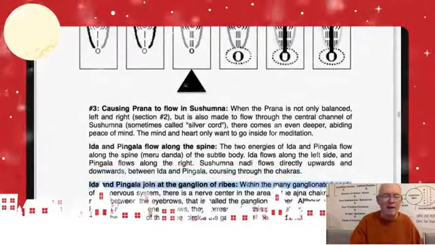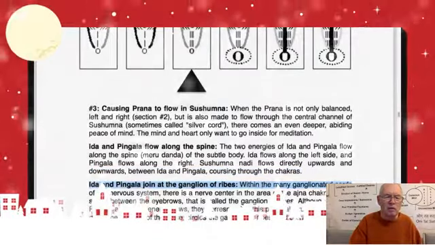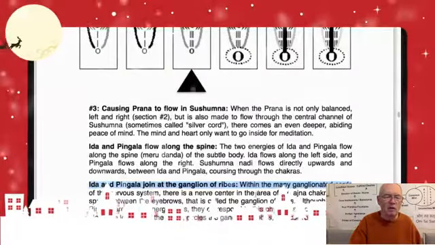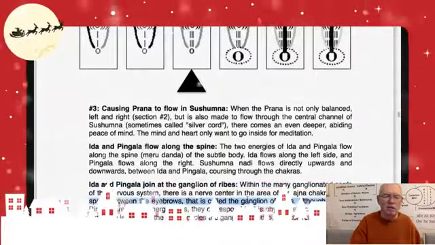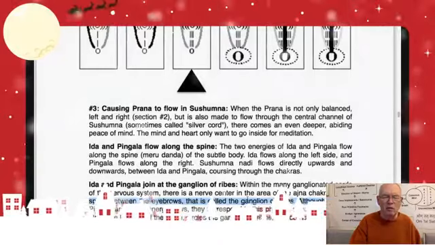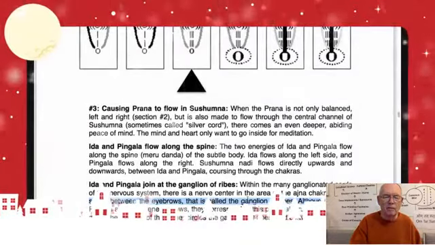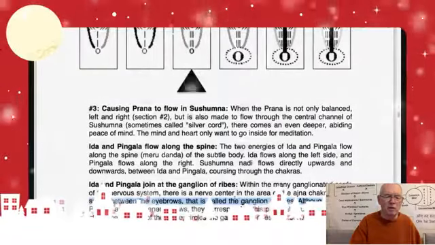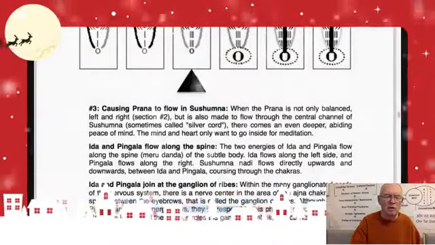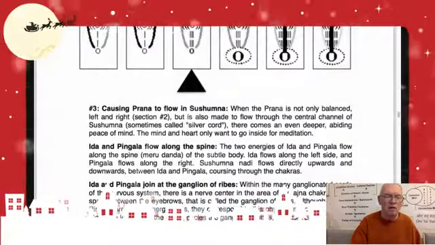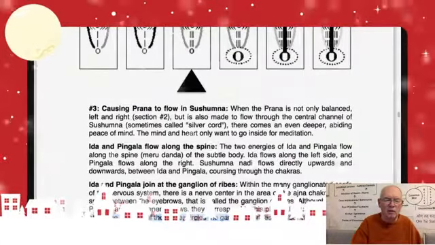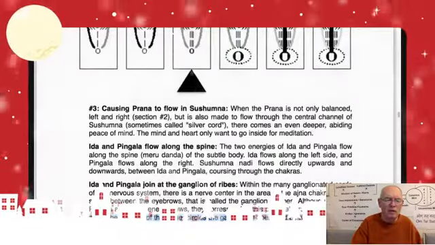Within the many ganglionated cords of the nervous system, there is a nerve center in the area of Ajna chakra, at the space between the eyebrows, that is called the ganglion of Ribes, if we like names. Although Ida and Pingala are subtle energies, they correspond to this physical structure. Ida flows on the left side of the spine, circles the ganglion of Ribes, and converges on the left.